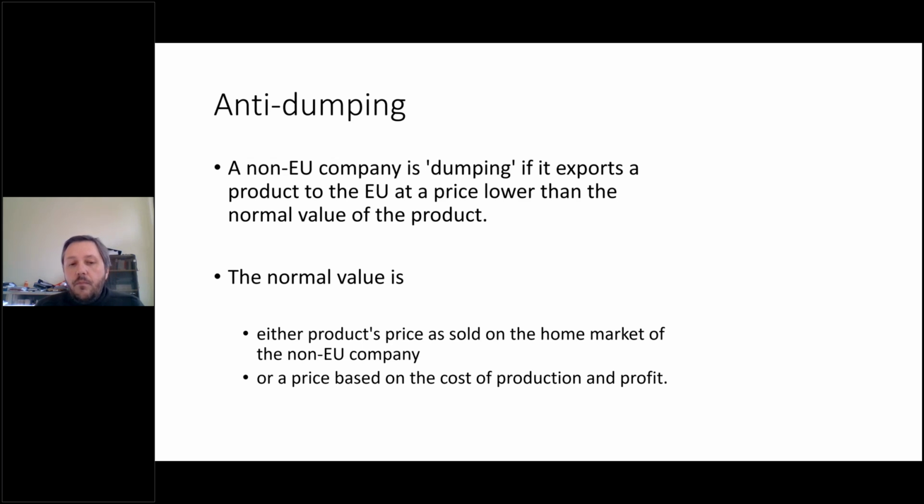So if we're talking about exports from Vietnam to Europe, that's the price sold on the Vietnamese market, or a price based on the cost of production and profit. And that's a price calculated based on all the parts which go into our product, the cost of those parts, and if you add that up with a certain profit margin, then you come at a certain price.